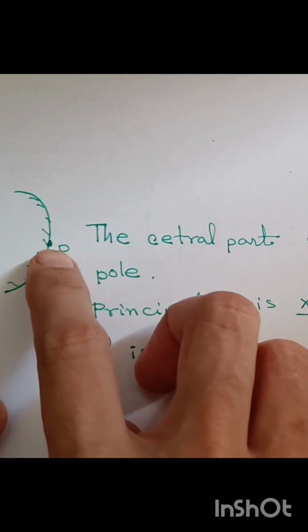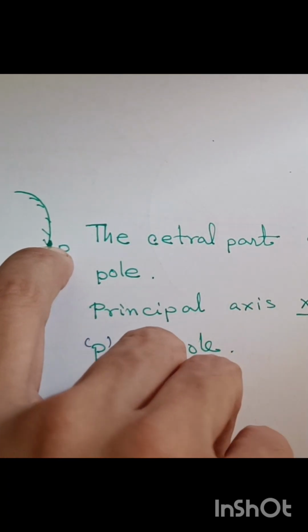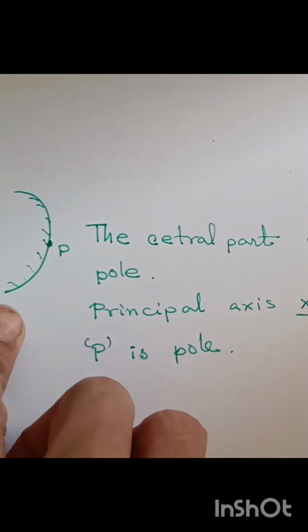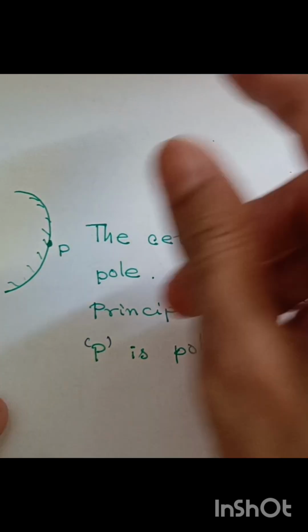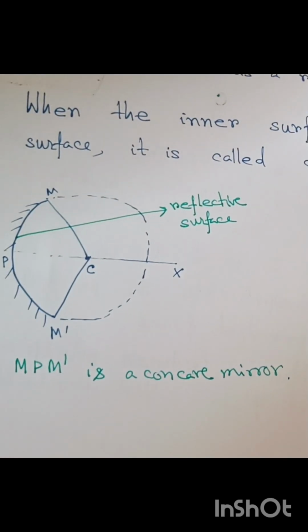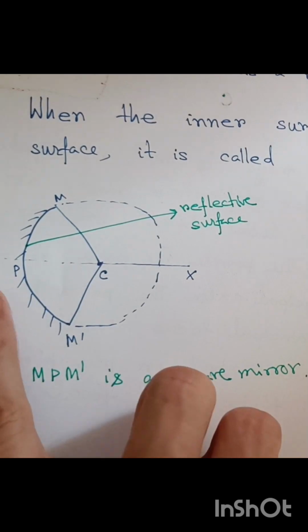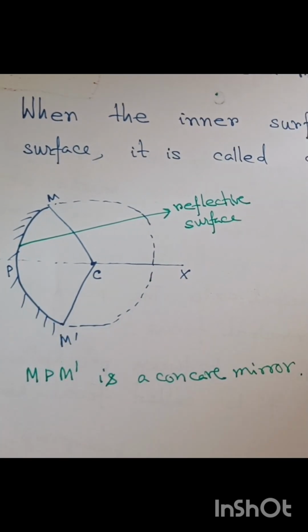The central part, that means this point, is called the pole P. P is the pole of this convex mirror. And here we have already seen that X dash CX is the principal axis of the M dash convex mirror.